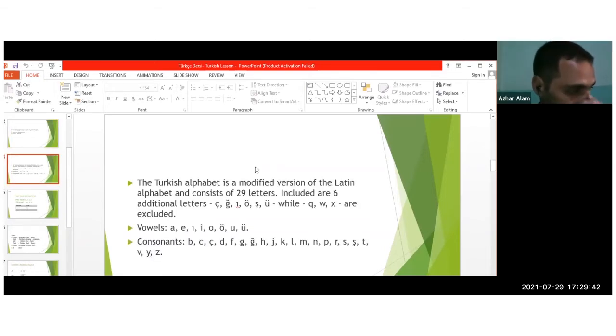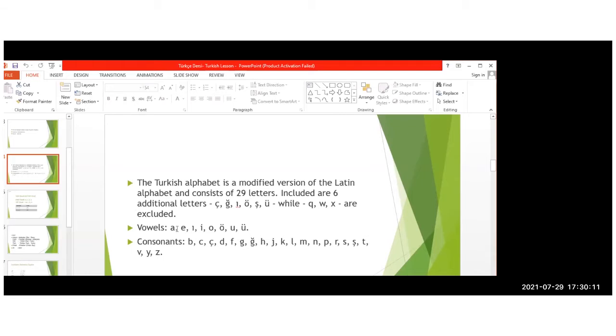So the Turkish alphabet has six special letters. These letters are borrowed from Latin, and mostly the Latin script has these letters, the dotted ones. The last six you do not have in English.